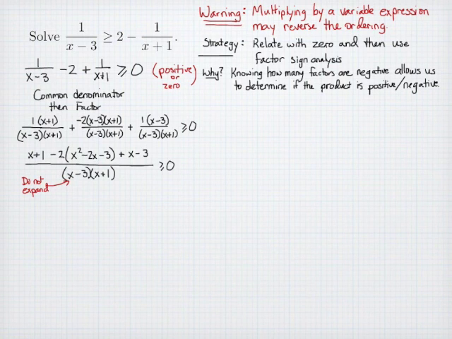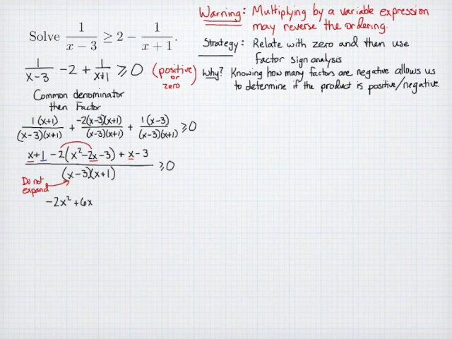We make our inequality statement. It's still a formula greater than or equal to 0, and now I can combine all my terms. I look at my x squared terms. In the numerator I have negative 2x squared. For my x terms I have x, plus 4x, and another plus 6x.